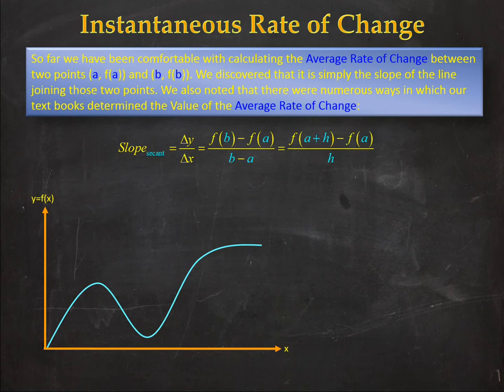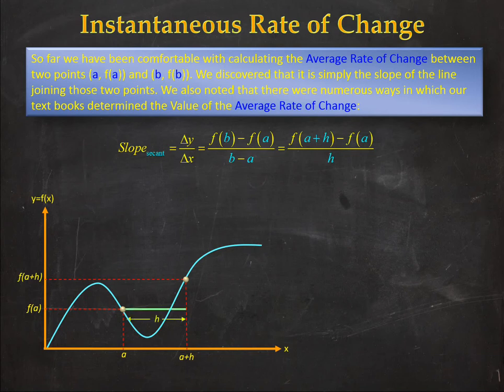And then we also discovered that it may have been easier, rather than writing B and f of B as a point, to anchor the first point A, f of A, and determine that the other point B is a distance h away from point A. Let me graph my point over here, and there's A, and that would be its y coordinate f of A, and B is really a distance h away, so its x value is A plus h, and its y value would be f of A plus h.